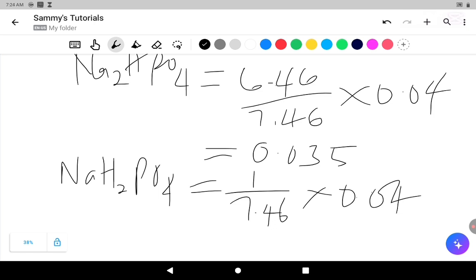When you press your calculator, you have 1 divided by 7.46 equals, times 0.04 equals. What's our answer?